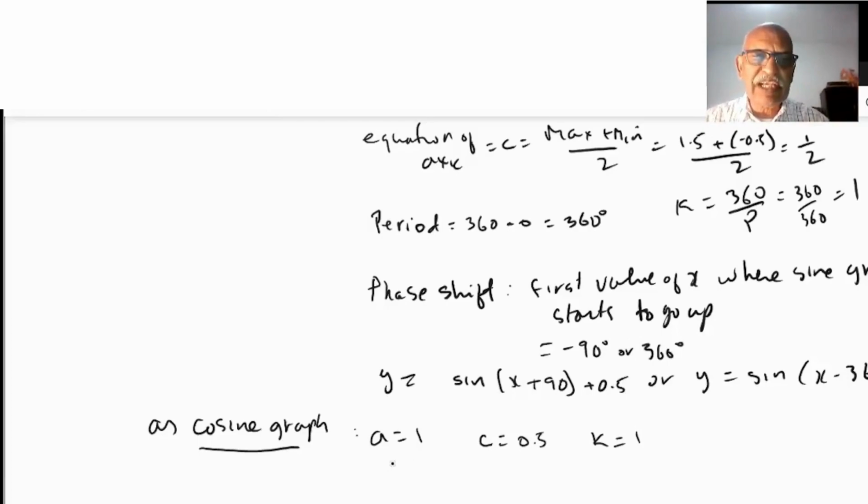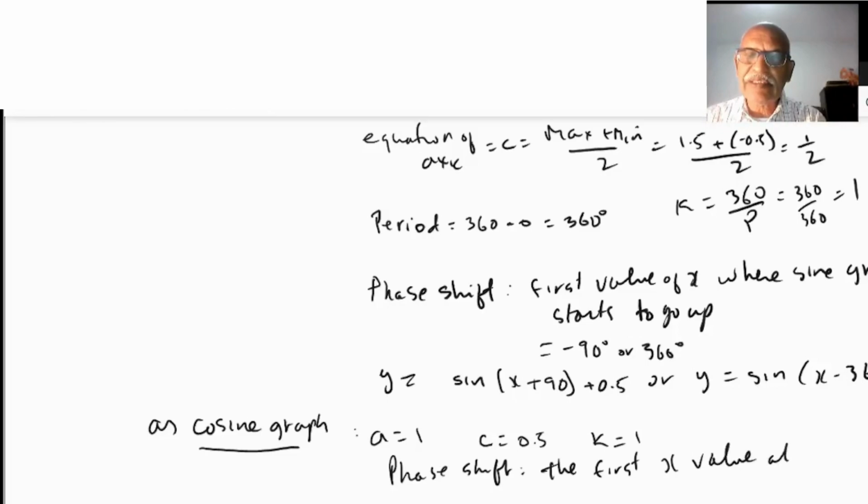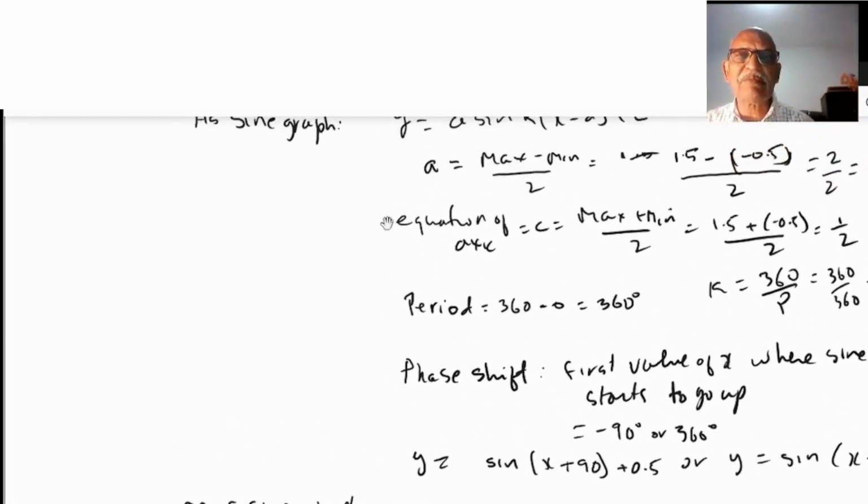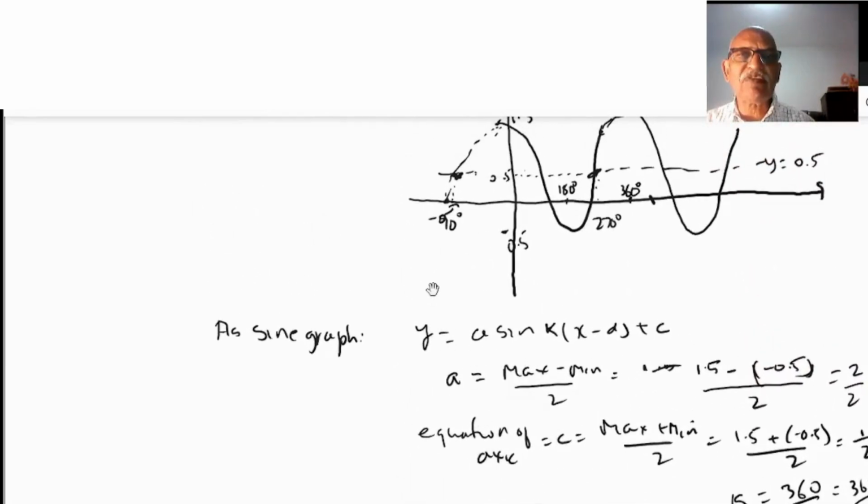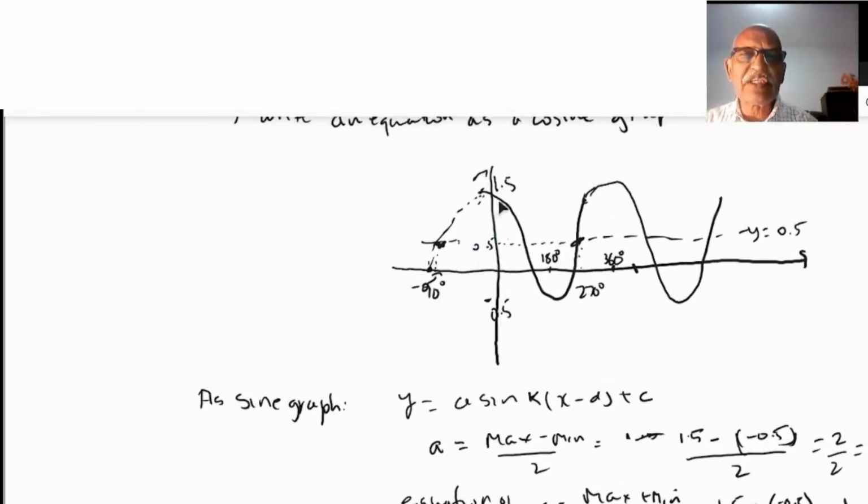The phase shift for a cosine graph is the first x value at maximum. The first x value means from the y-axis going to the right or to the left. The first one will be our x value for the maximum. So in this case, this is one maximum, this is another maximum here.